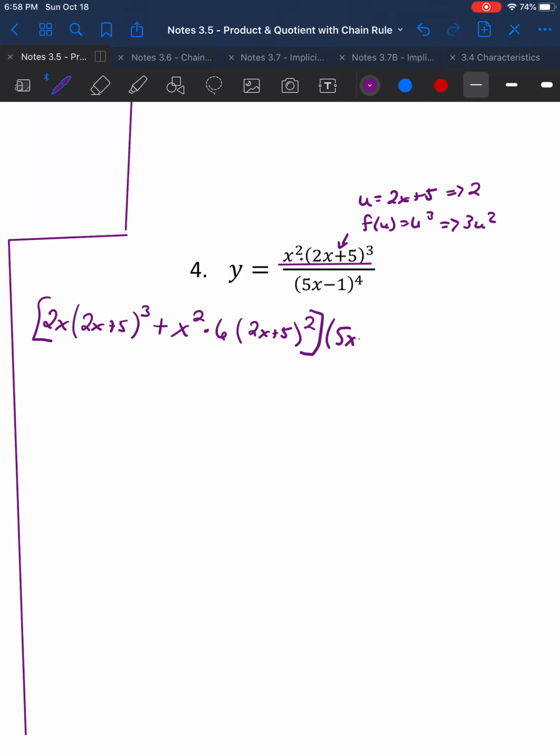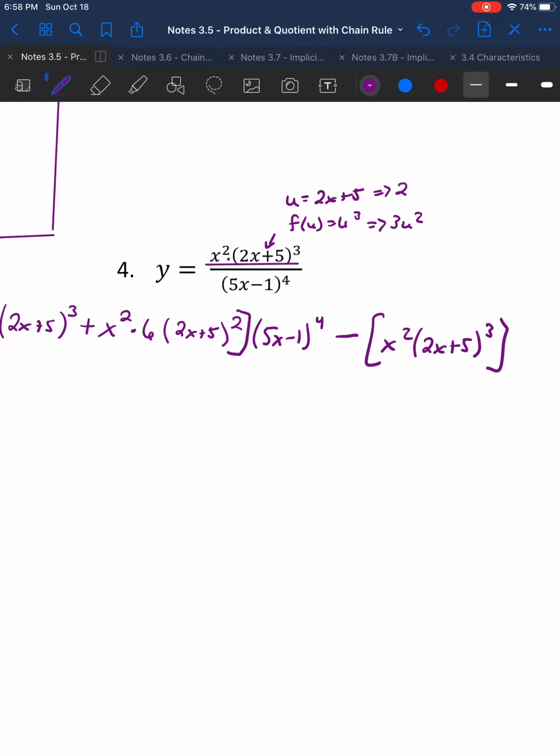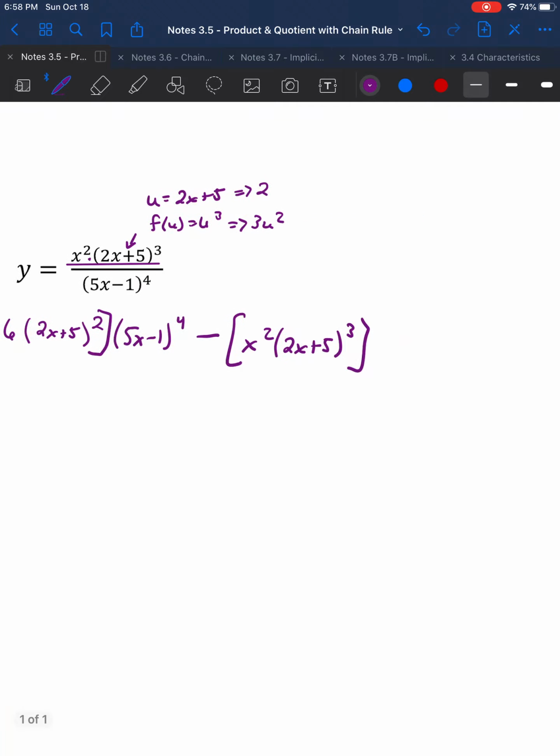Now, sorry to tell you, all of that was just the derivative of the numerator. Quotient rule says derivative of the numerator, that was all this big mess that I wrote in brackets, times keep the denominator, minus keep the numerator, times derivative of the denominator.